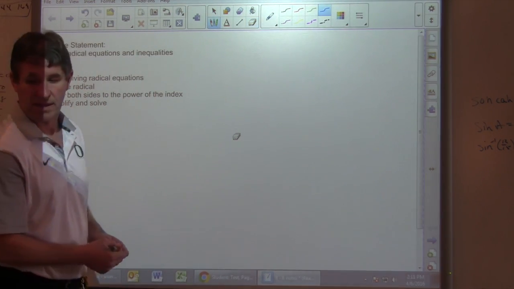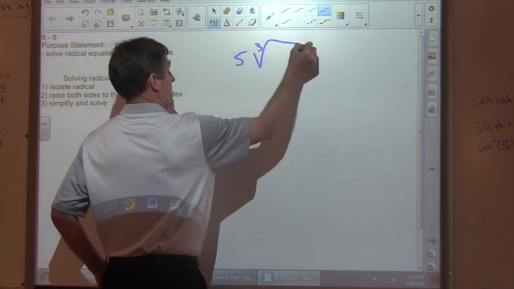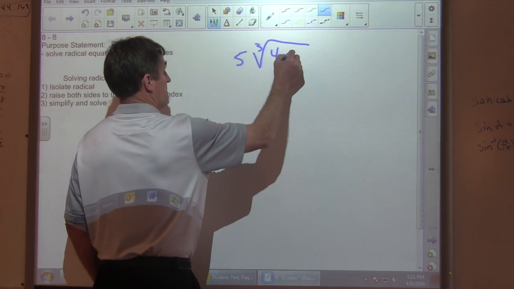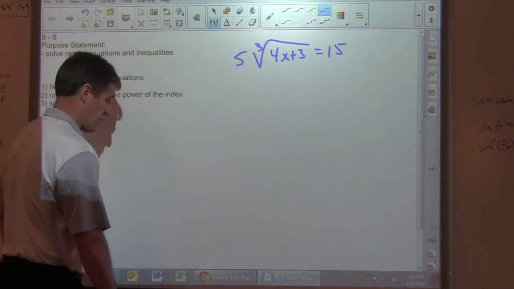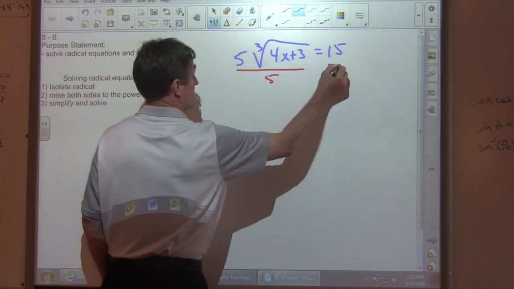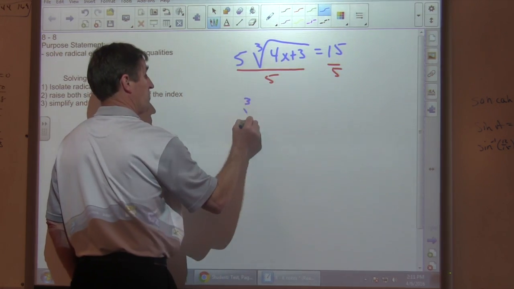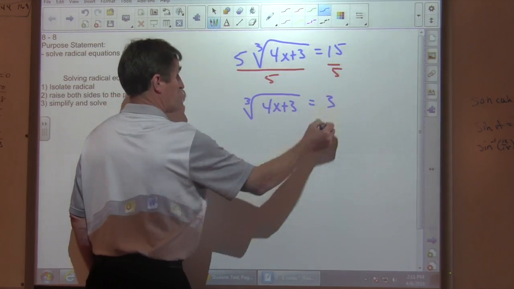Second one to do, 5 times the cube root of 4x plus 3 equals 15. So again, we're going to isolate the radical, so we're going to divide by 5. And we get the cube root of 4x plus 3 equals 3.